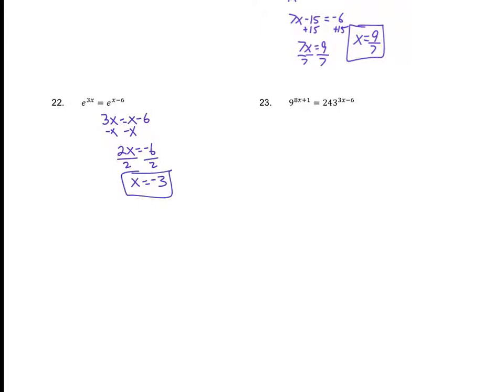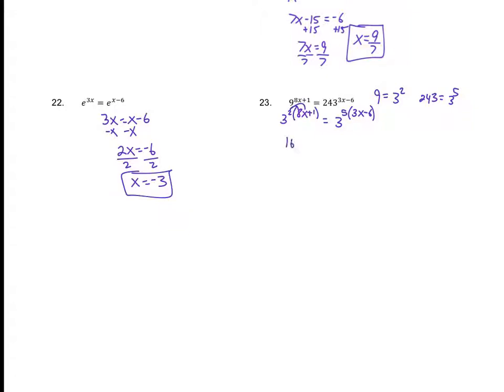And finally, we want to get the bases the same. So 9 equals 3 squared. After doing some testing, we will find out that 243 equals 3 to the 5th power. So we have 3 squared with the 8x plus 1, and 3 to the 5th with the 3x minus 6.